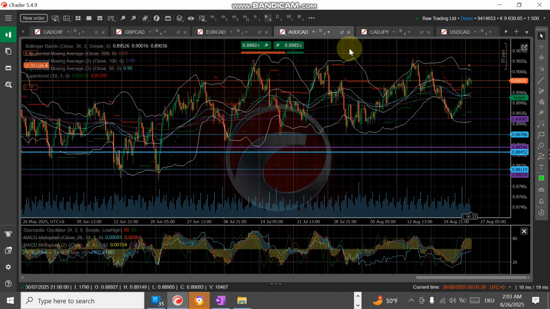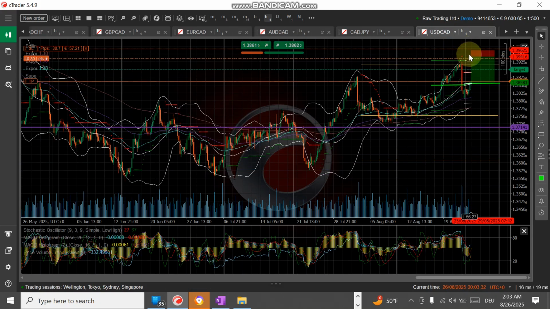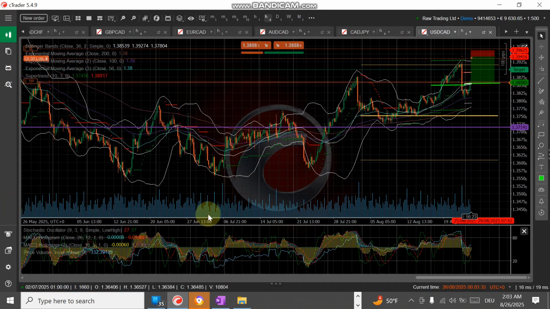So this is AUD CAD, and the next is USD CAD. Also I have something to put as a limit sell, as you see here, and the price is pretty much up to the sky.